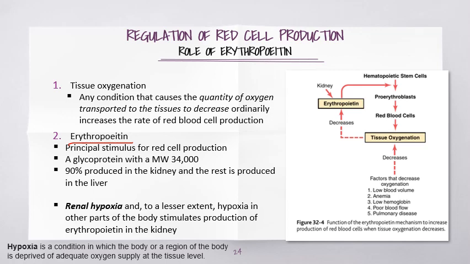Erythropoietin is very important in the sense that even if you are hypoxic, meaning you have very little oxygen in your body, without erythropoietin you will not mount an increase in red cell production. In its absence, hypoxia has little or no effect to stimulate red cell production.